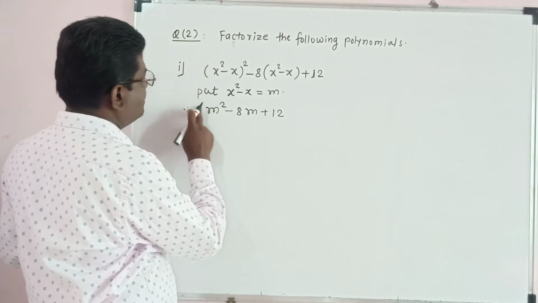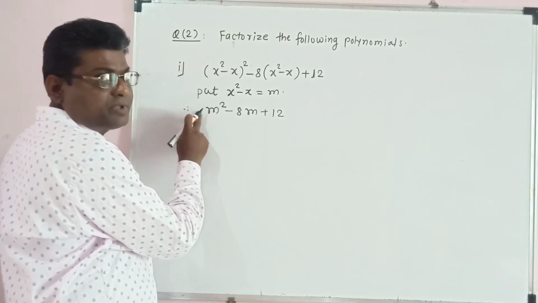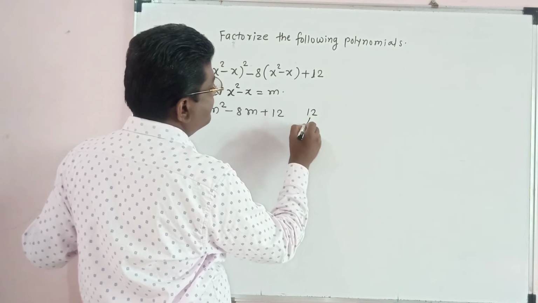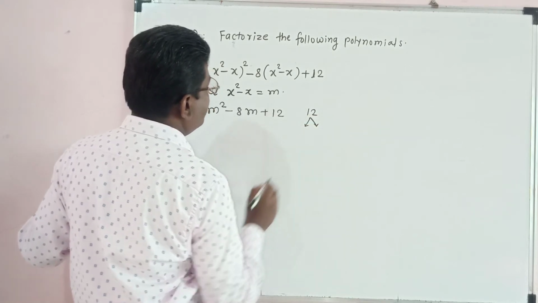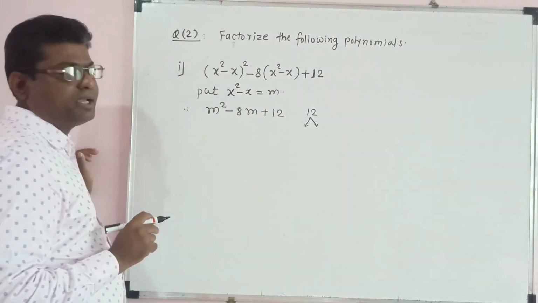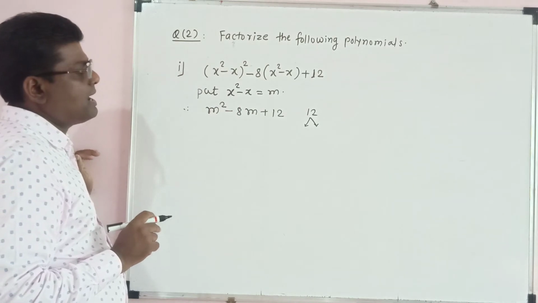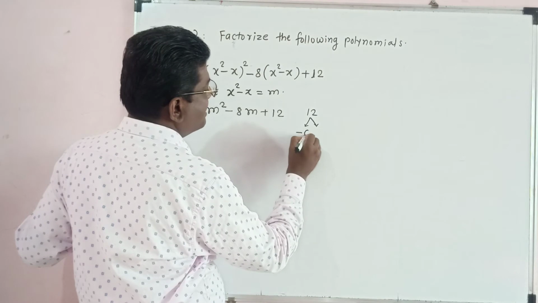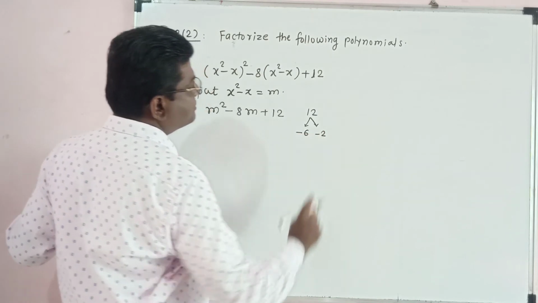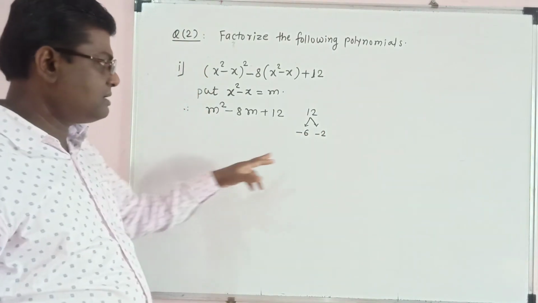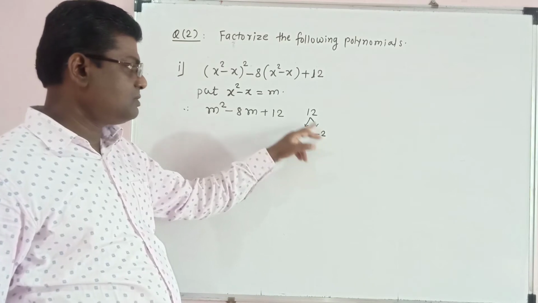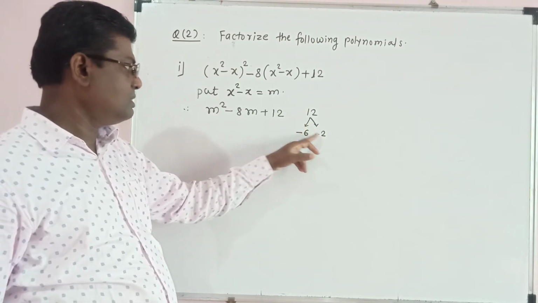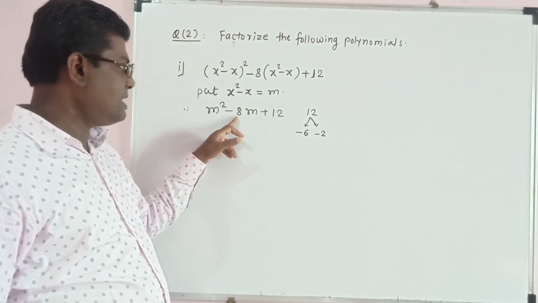Now 12 into coefficient of m square, which is 1. Therefore we can split up 12 such that their multiplication is 12 and sum is minus 8. Such numbers are minus 6 and minus 2. Minus 6 into minus 2 is plus 12, and minus 6 minus 2 is equal to minus 8.